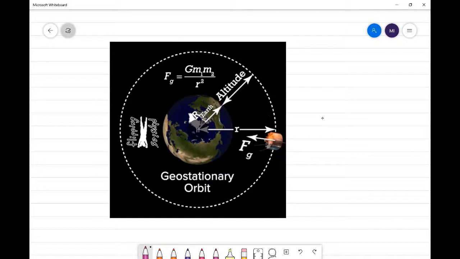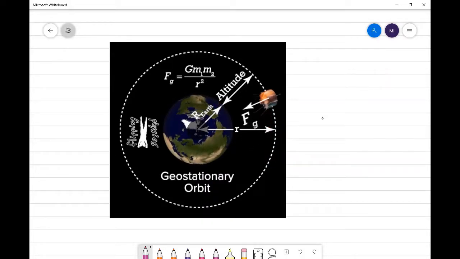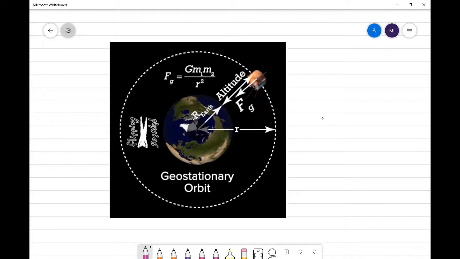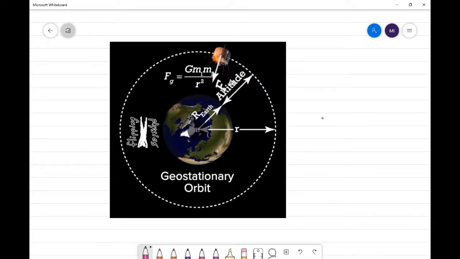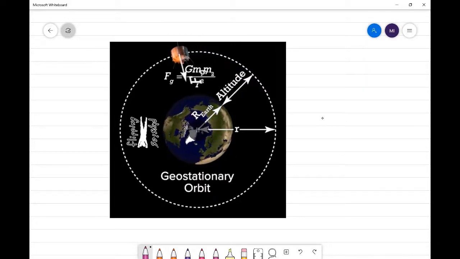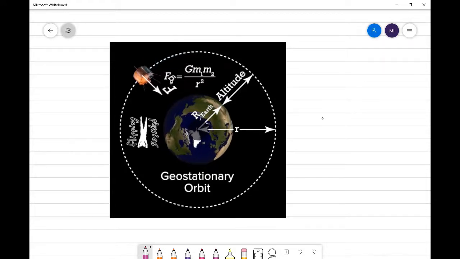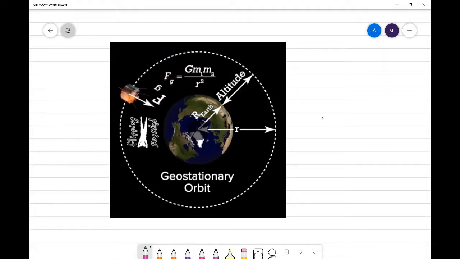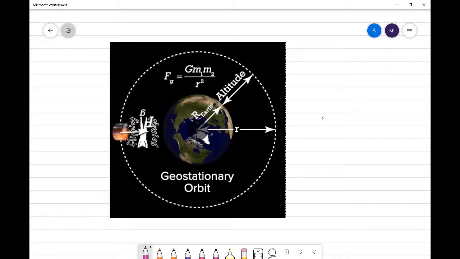The reason is to make the communication between the satellite and the Earth station easy. If there is an Earth station, then as the Earth moves, the Earth station also moves, and because the speed of the satellite is the same, it always points towards the same point.